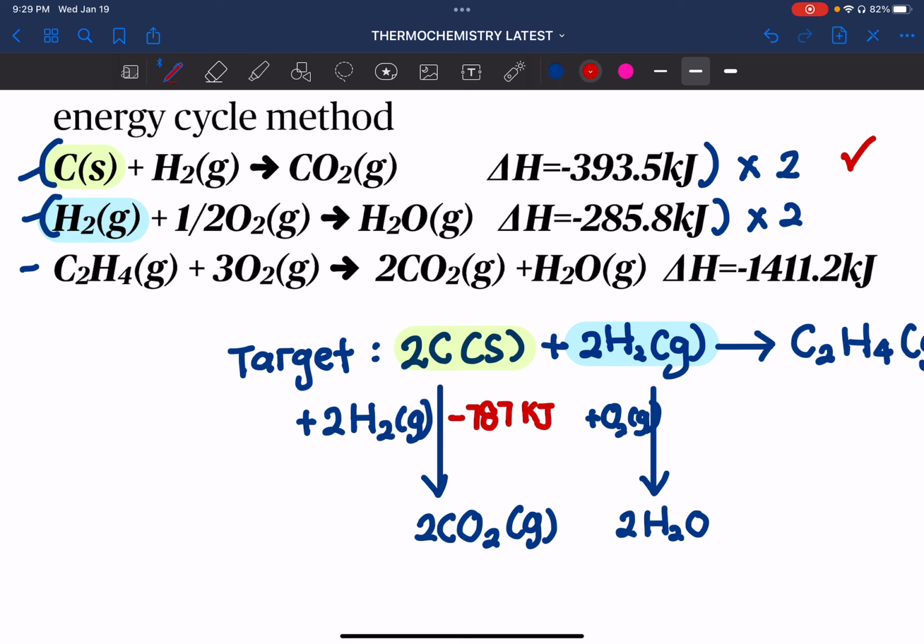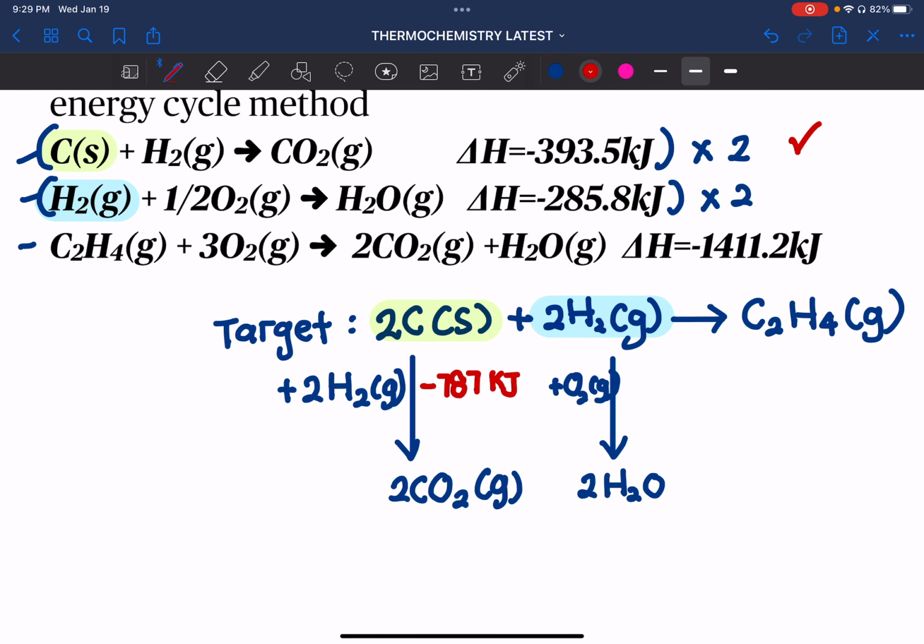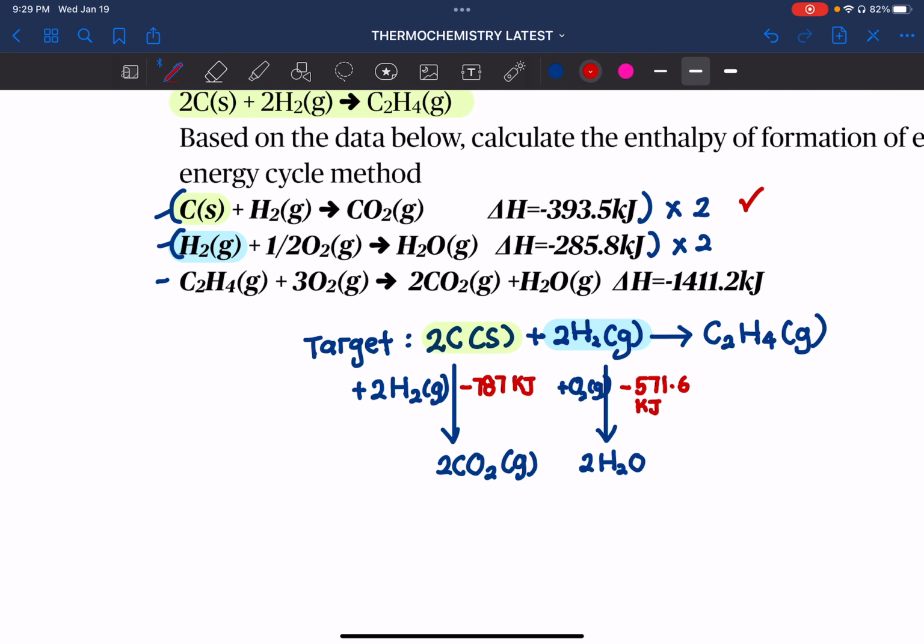Okay, so next, the value. The value given original is 285.8 kan? So, we times with 2. So, you should get negative 571.6 kilojoule. So, settle the second equation.